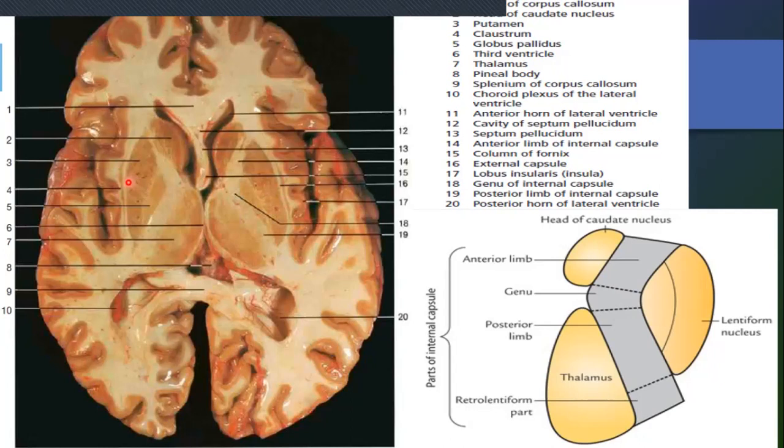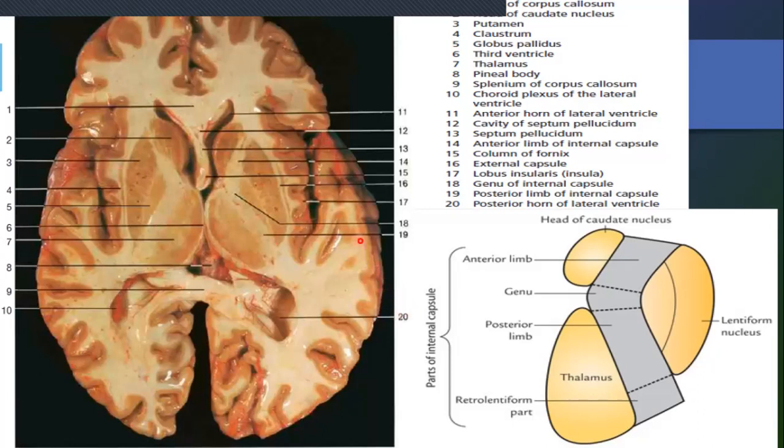Now the region lying medial to the claustrum but lateral to the lentiform nucleus is your external capsule. Then we have the region lying lateral to the claustrum, this thin slender gray matter here, but medial to the insular lobe, the lobus insularis. Now this is the extreme capsule.